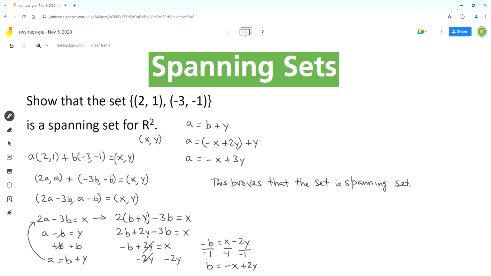And the reason is because for every vector in R2, there will be a unique value for a and b.